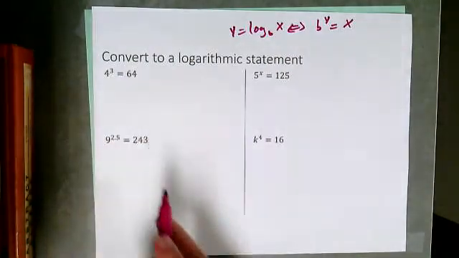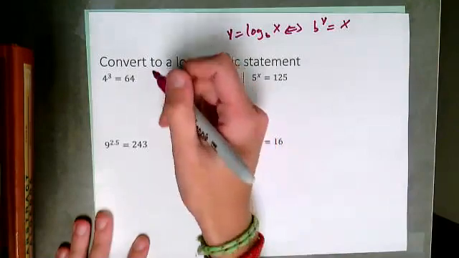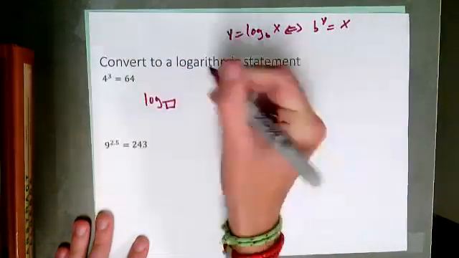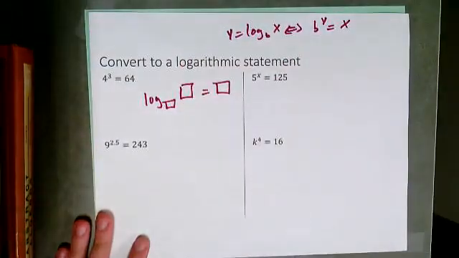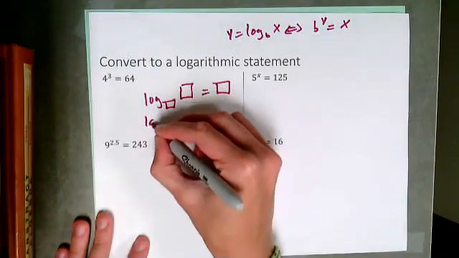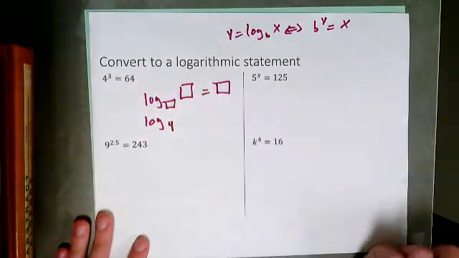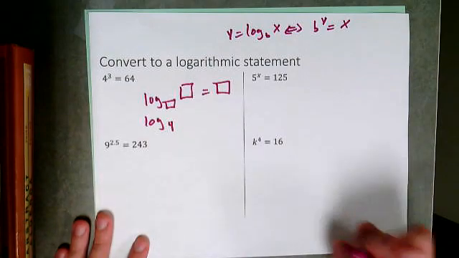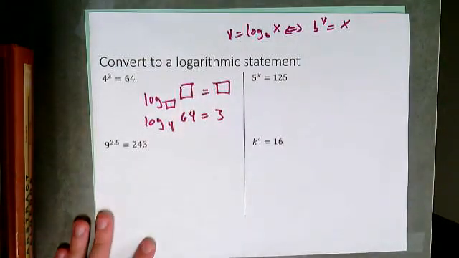Let's look at this first example. 4 to the 3 is equal to 64. So we have log base something of something is equal to another thing. We're going to fill in the blanks here. So log base b, so base 4, of 64 is equal to 3.